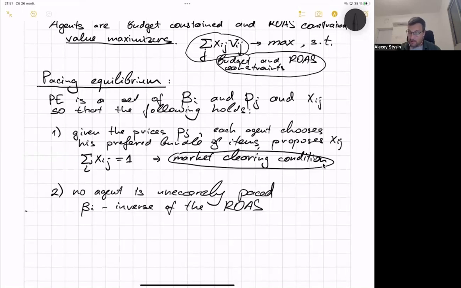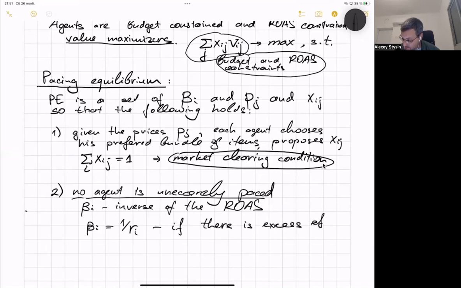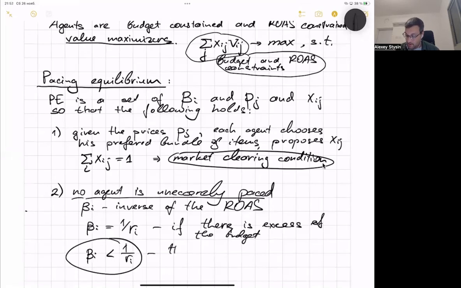So this condition says that if the agent has some budget remaining, this could only happen if Bi is actually equal to 1 over Ri, if there is excess of the budget. Otherwise, Bi should be less. If this happens, then the budget is fully spent.